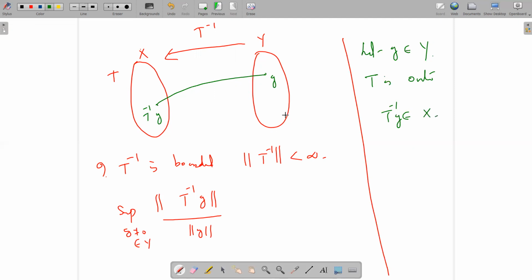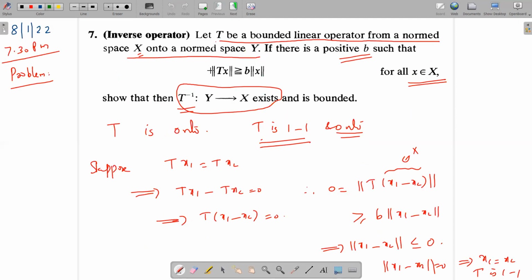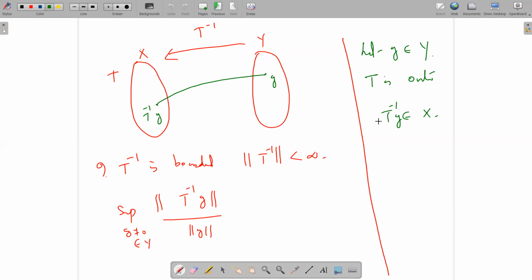There is a given condition that for all x belonging to X, there is a fixed b such that norm of Tx is greater than or equal to b into norm of x. We apply that to this particular x, T inverse y.